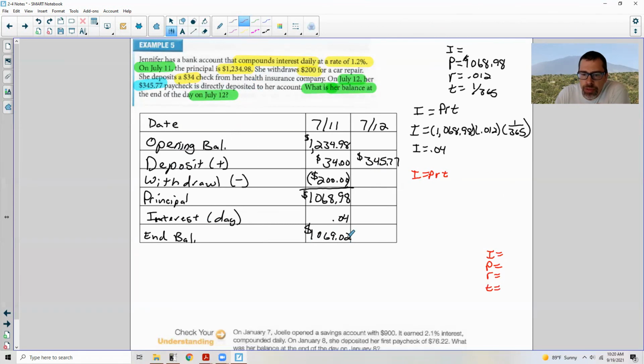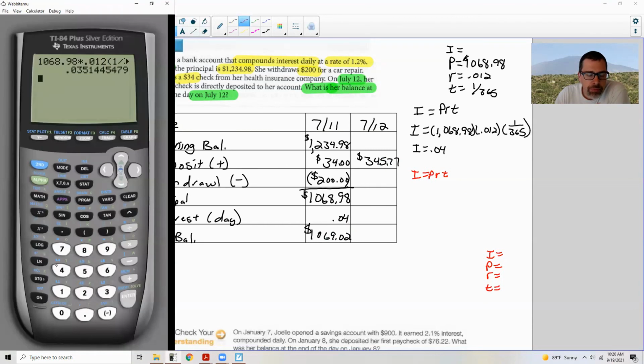Principal is now 1,069.02 plus 345.77. And that equals 1414.79.